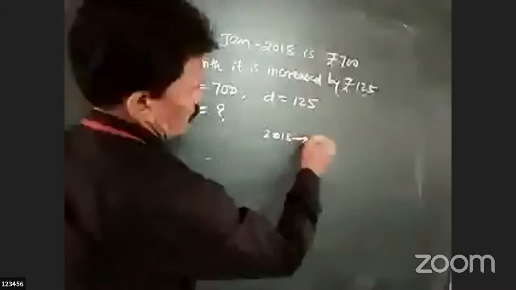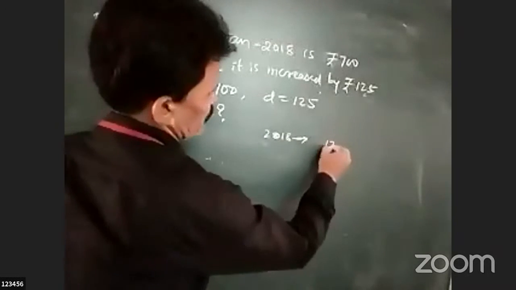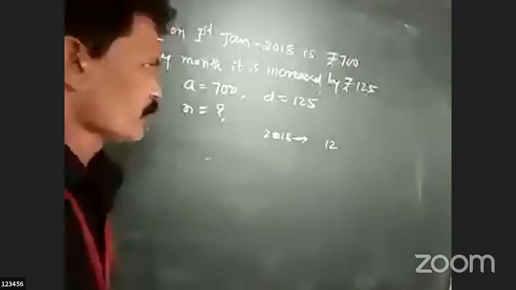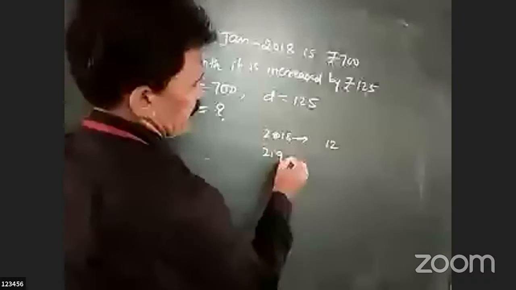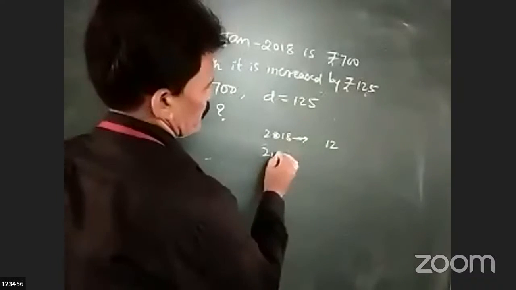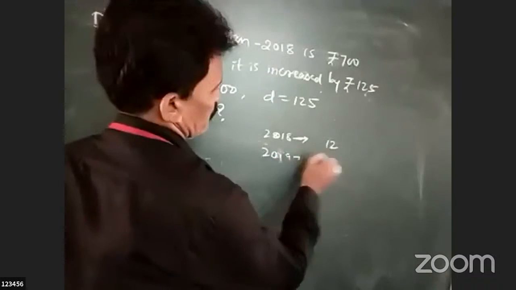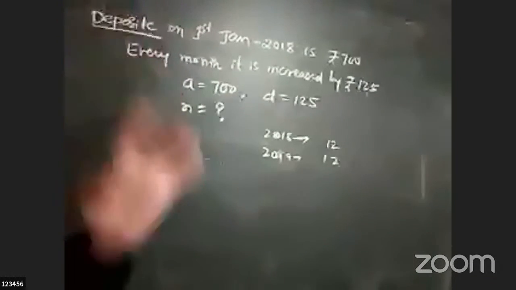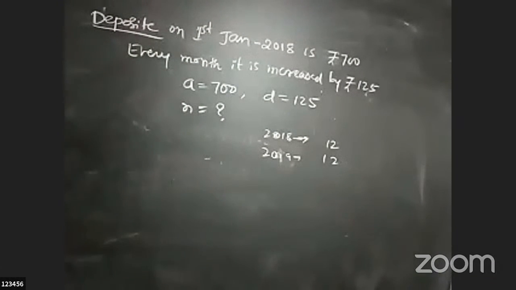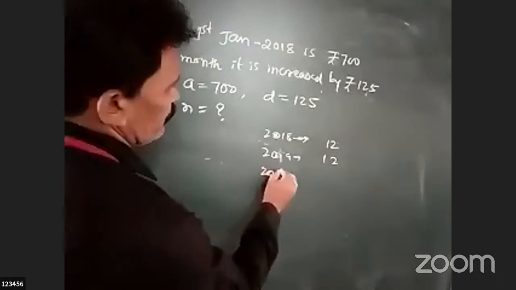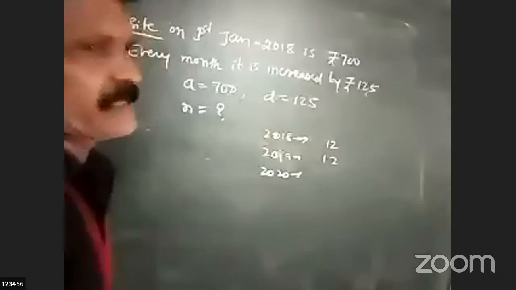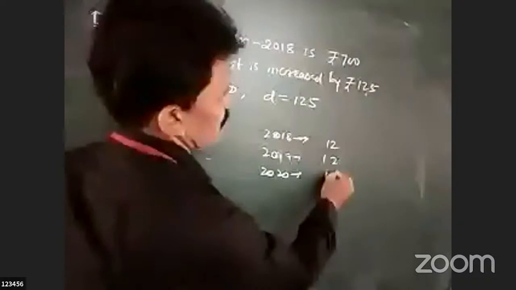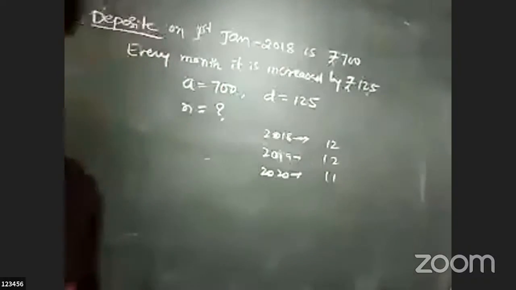2018 January to December means 12 months. 2019 January to December means 12 months. Then 2020 January to November means 11 months.